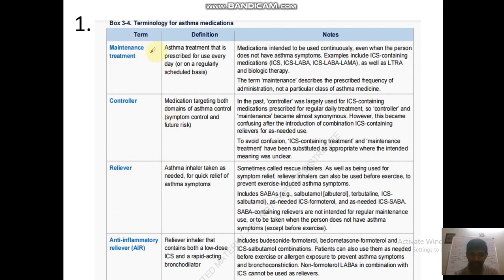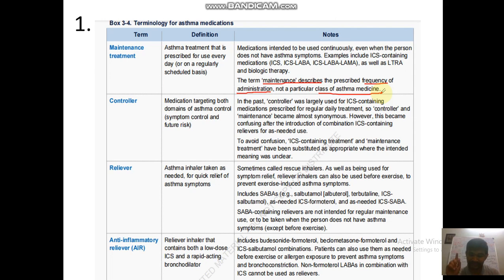First is maintenance treatment. That is asthma treatment that is prescribed for use on a regular basis every day, whether the patient has the symptoms or does not have the symptoms. So what is the difference between the maintenance and controller then? I want you to concentrate here. The term maintenance mainly describes the prescribed frequency of administration, not the particular class of asthma medicine.